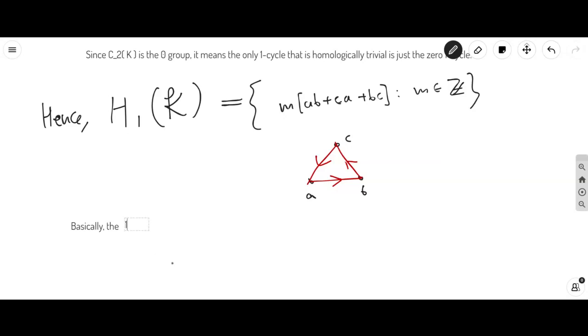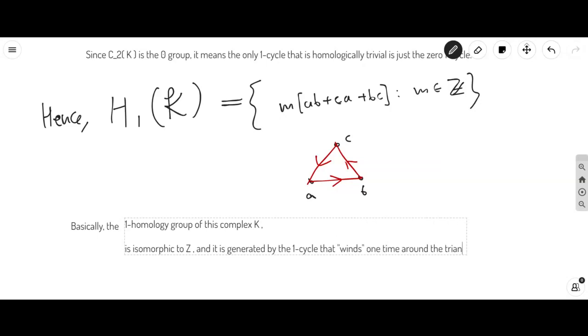So basically, the first homology group of this complex K is isomorphic to Z, and it is generated by the one cycle that winds one time around the triangle.